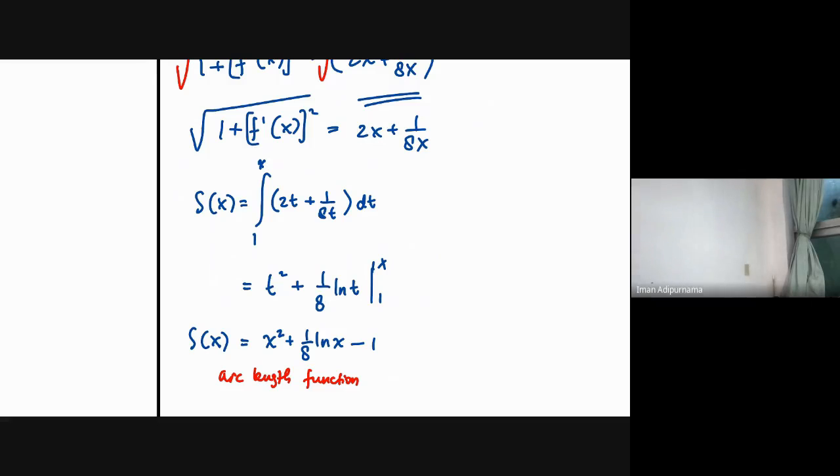So arc length functions: at the end of the day, if you are calculating the definite one, if you already have the initial point, it will result in a function. Okay, a function.